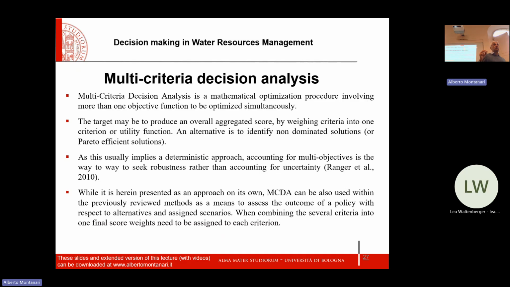Optimization, we discussed it very briefly. It consists of optimizing an objective function. We discussed optimization when we talked about linear regression. When we talked about linear regression, we said the slope of a linear regression is estimated by minimizing the sum of the squared interpolation errors.